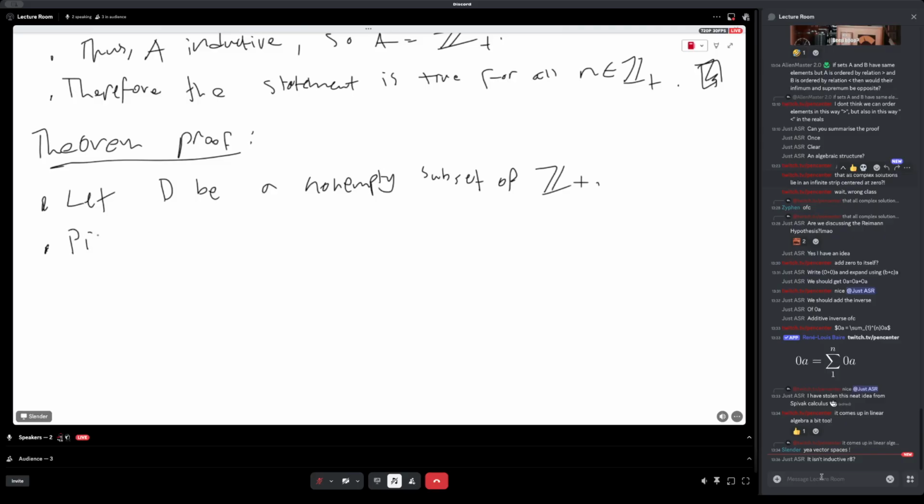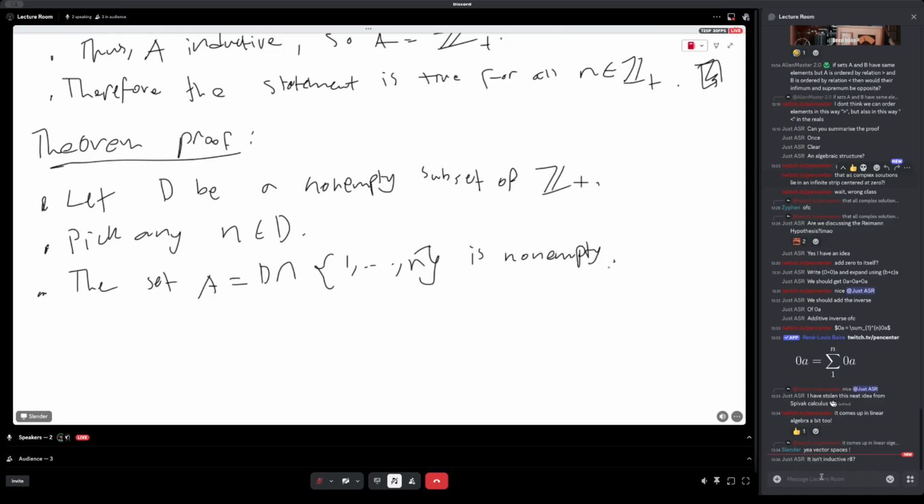Now pick any n in D. Then the set A equals D intersect 1 through n is non-empty. So this set A has a smallest element.